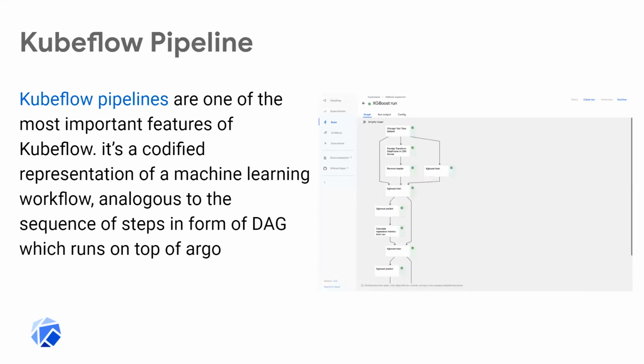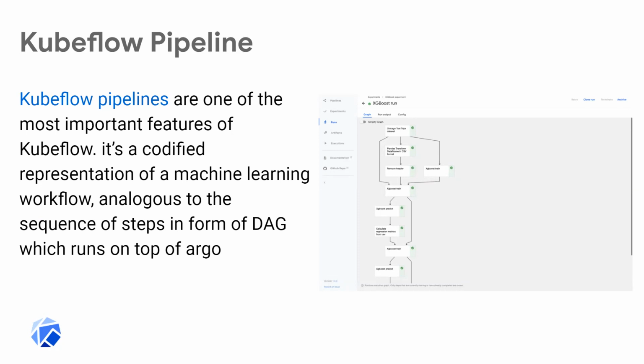So KubeFlow pipelines are one of the most important features of KubeFlow. It is the implementation of a machine learning workflow in the form of a DAG, which is using Argo workflow underneath in the Kubernetes cluster.